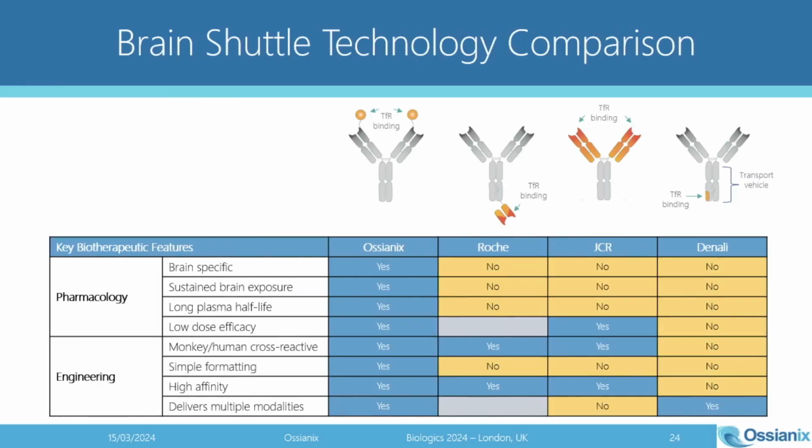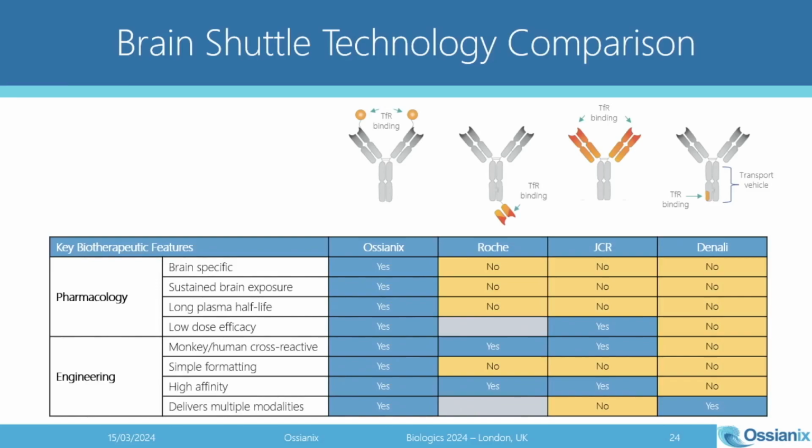So this is just a slide that compares different technologies and approaches used by different companies such as Roche, JCR, and Denali. Everyone looks to be using different methods for delivery of therapeutic payloads to the brain. What differentiates our technology is not only the fact that we can deliver the molecule across the blood-brain barrier, but we have very high specificity to the brain.